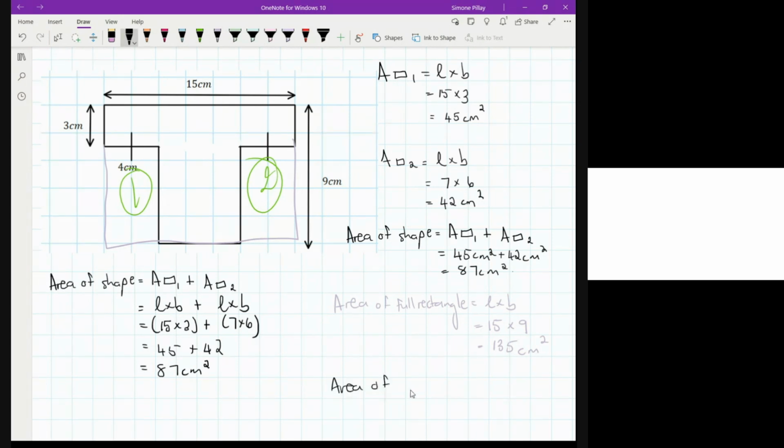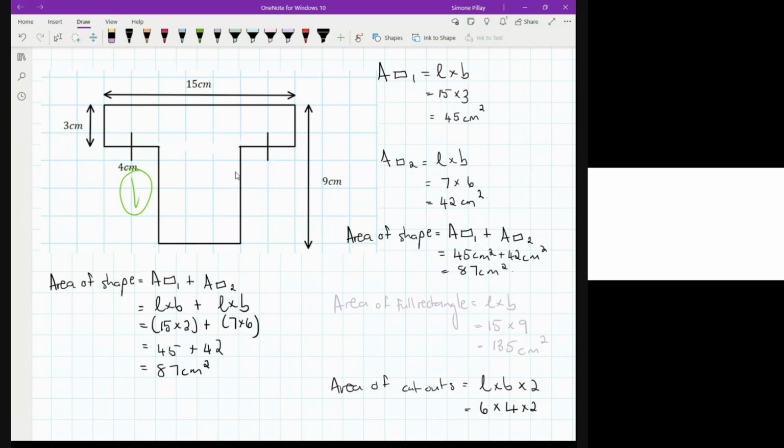Let's call it area of cutouts. The area of my cutouts is length times breadth, but because there's 2 of them, I'm multiplying it by 2 as well. My length over here, remember Uma told us how we calculated this? It was 6. So it's going to be 6 multiplied by the length that we were given, which is 4. So 6 times 4 times 2.